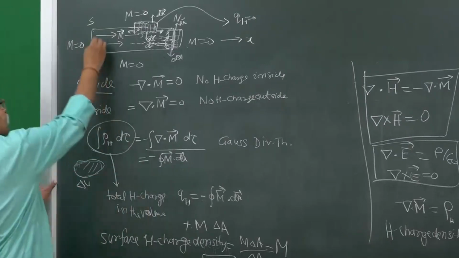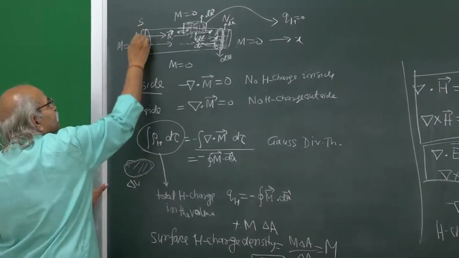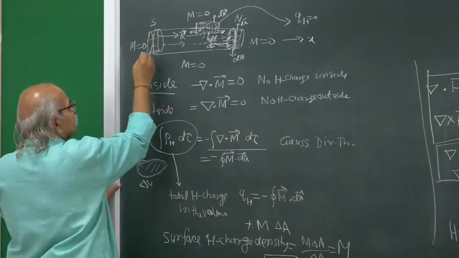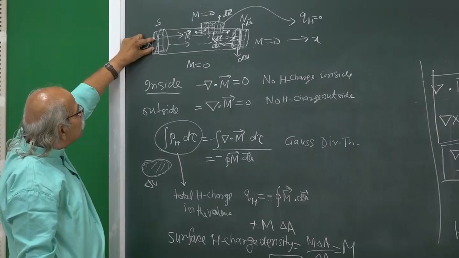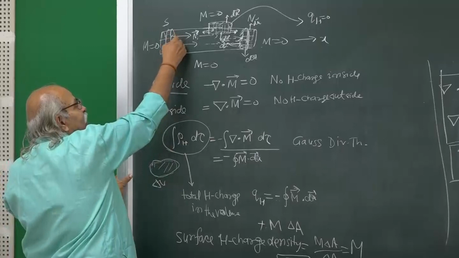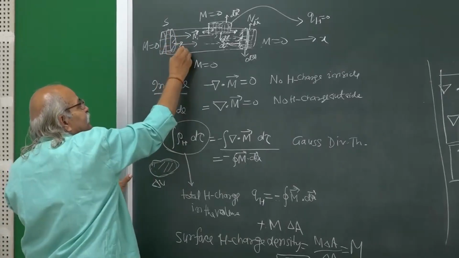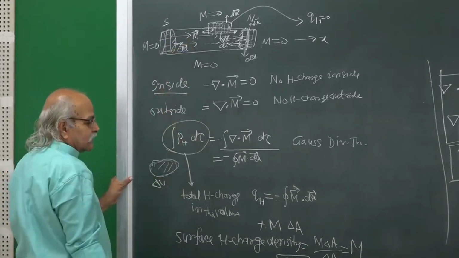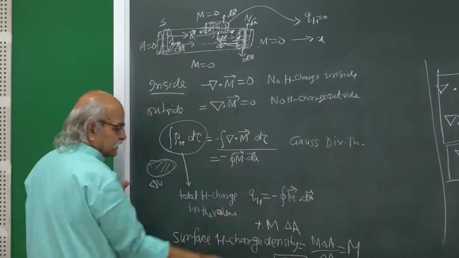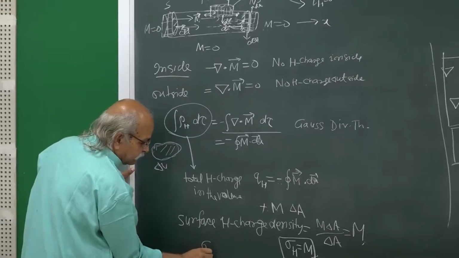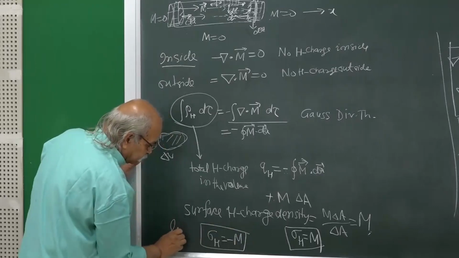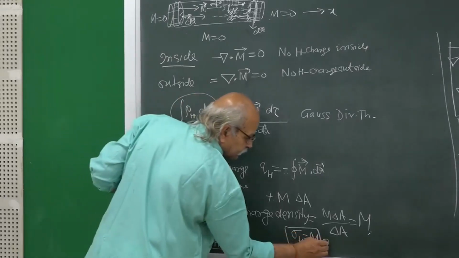And similarly, if you make a similar volume here and do this whole exercise, there is no m dot dA outside, no m dot dA on this part, it's only here, and here dA and m are in the same direction, so m dot dA will be plus. With this minus sign, the charge density there will be minus M. So this is the left end and this is the right end.